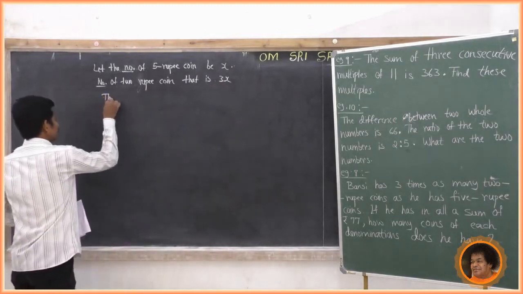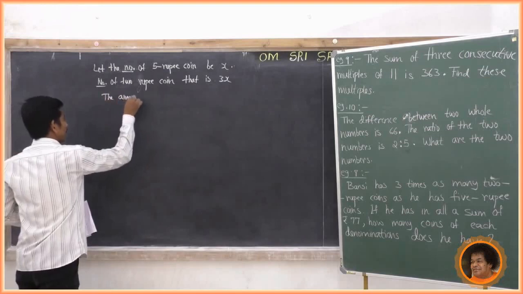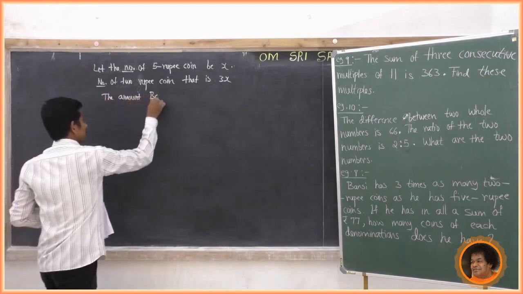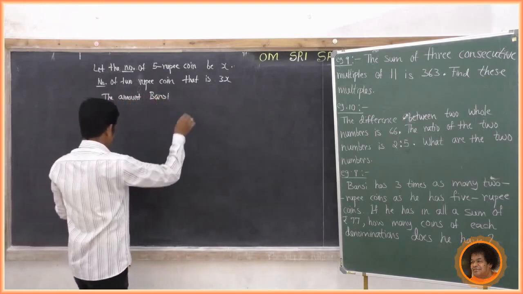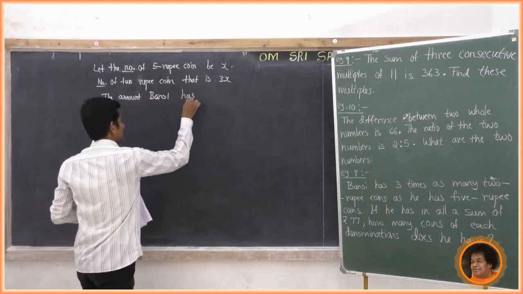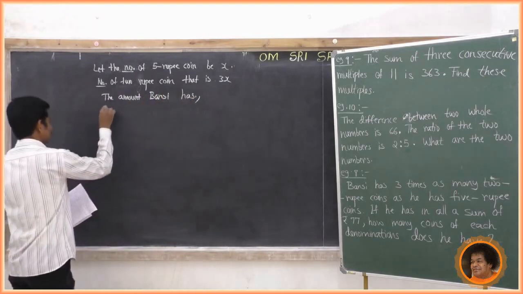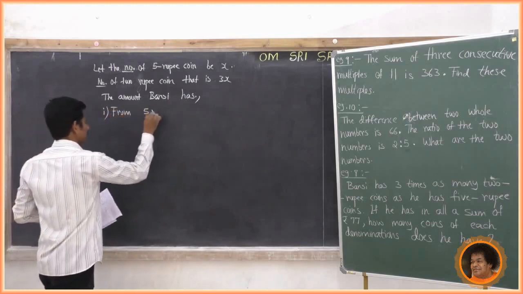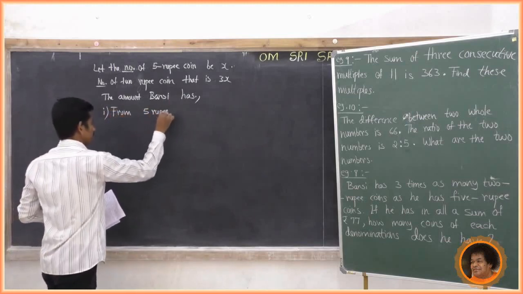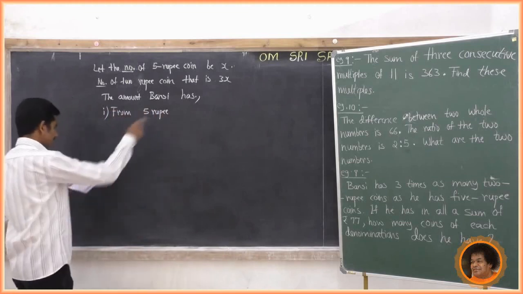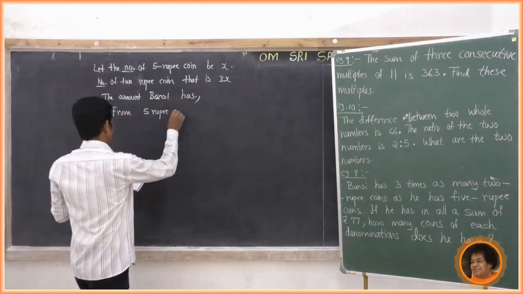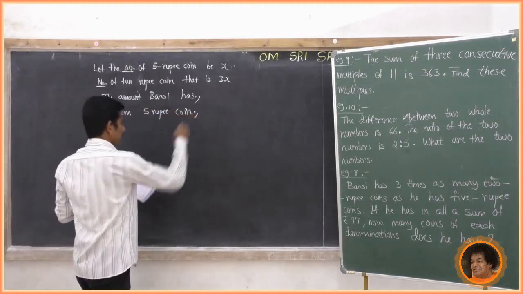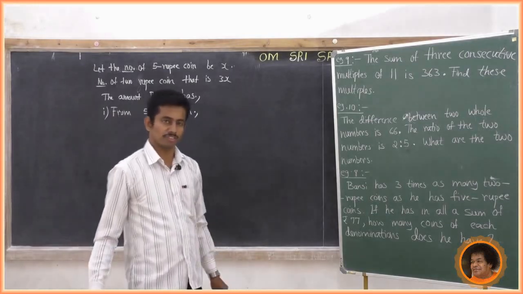The amount Bansi has. What is the amount Bansi has? One is from 5 rupee coins. What is the face value of the 5 rupee coin?